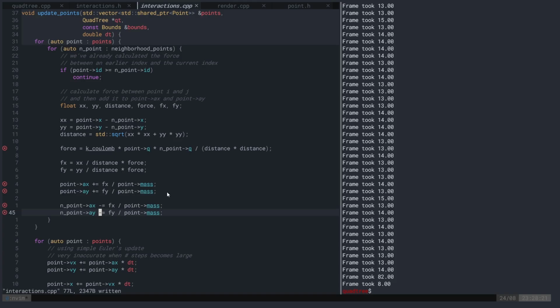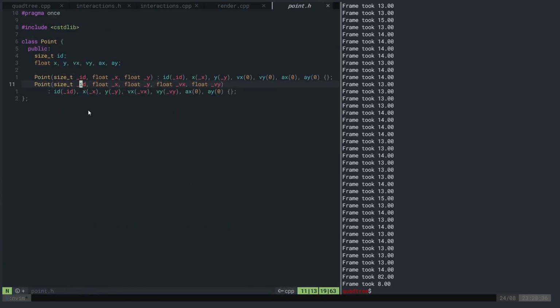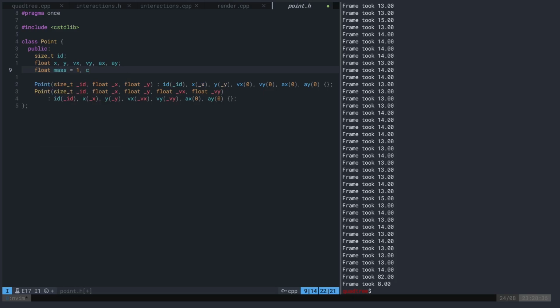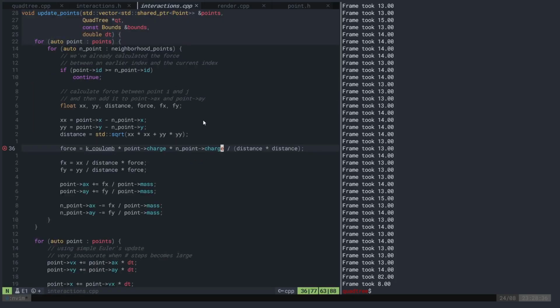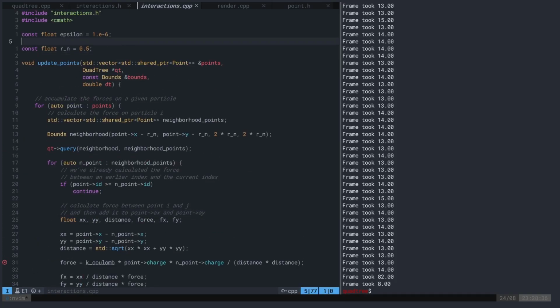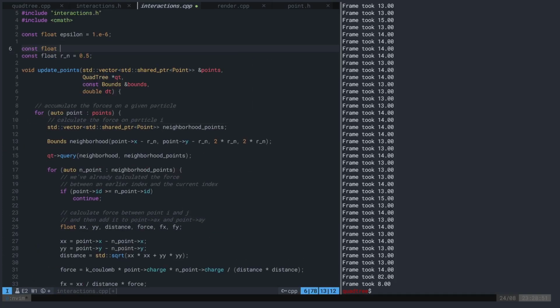So there are a few things that we need to define here. We need to define the charge. I'm just going to be explicit about it and call it charge. Let's define these to be constants. So let's say float mass equals 1, charge equals 1. That should fix that. Then we just need to define this k Coulomb, which again, these are free parameters. So right now, let's just say k Coulomb equals 1.